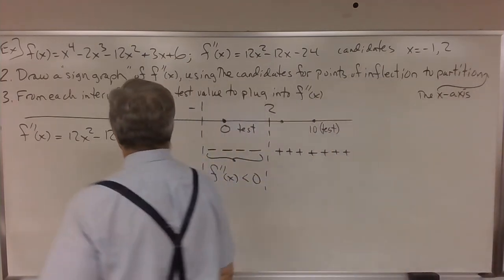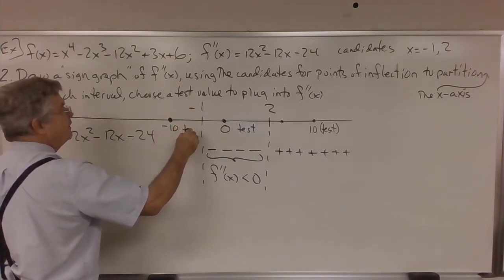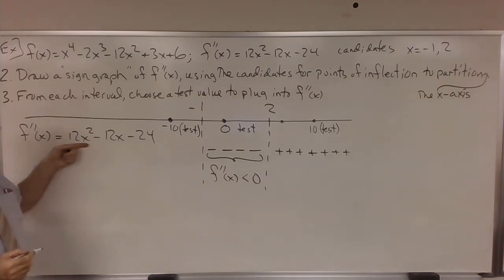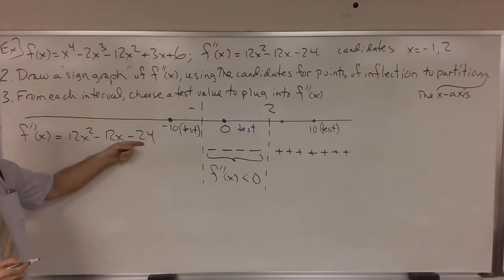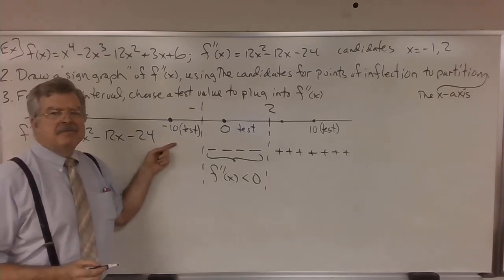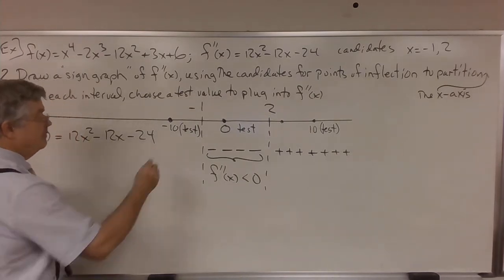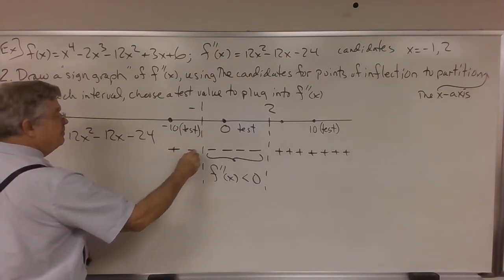Now, over here, might as well do the same thing. Take -10 as a test value. Squared, we get 1200. Plus 120 is 1320. Minus 24 is 1296. Now, we don't care much about the 1296, but the positive part we care a lot about. When x is -10, the second derivative is positive.